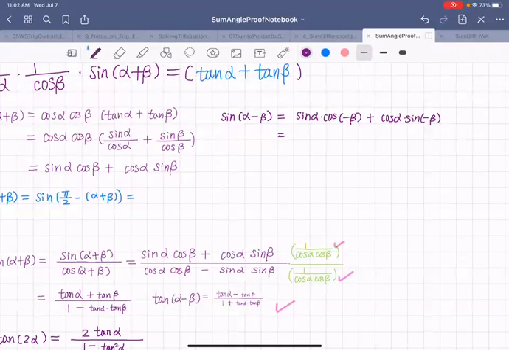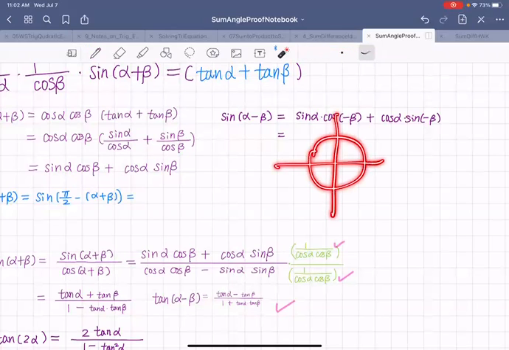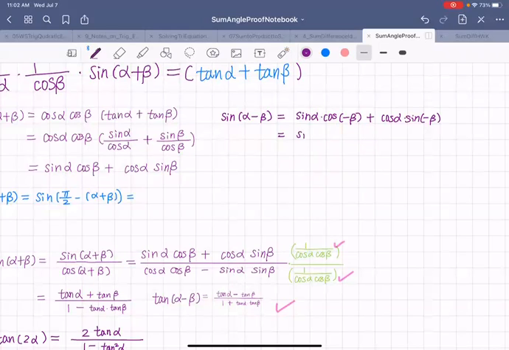Remember, all students take class. Cosine in quadrant 4 is positive, yes? This is beta, this is negative beta. Cosine negative beta is the same as cosine beta, right? Each class is important, okay?